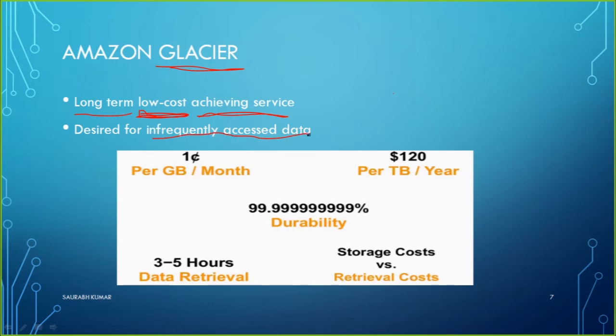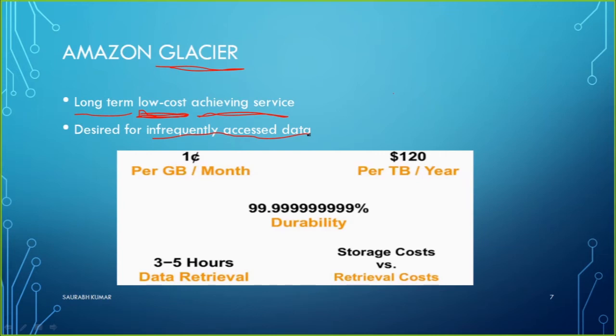You generally use Glacier to keep data which is infrequently accessed. You will access it only in some special case, maybe after 2 years, maybe after 5 years, or maybe once in 5 years, maybe twice in 2 years, something like that. Those kinds of data you generally keep on Glacier because it is cheaper compared to S3 when you are talking about the size of storage, but it only costs you moreover when you retrieve the data from there.